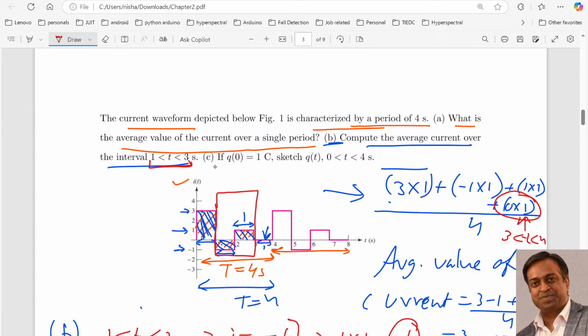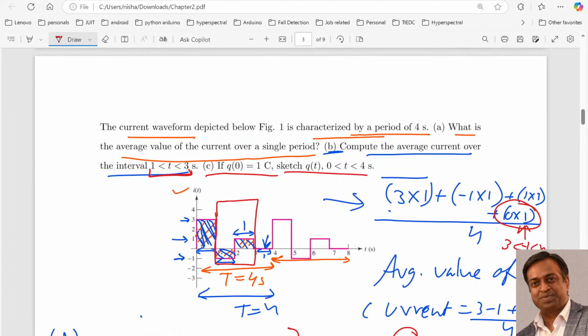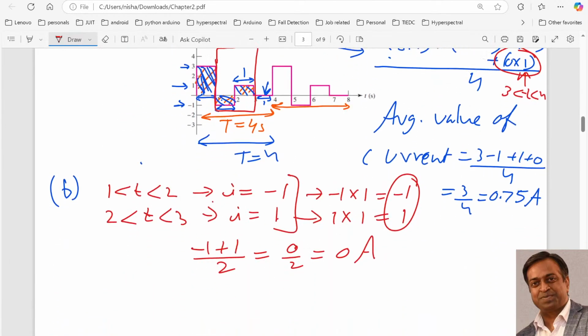Now coming to the third part, it says that if Q0 equals 1 coulomb, then we need to sketch Q(t). How can we sketch Q(t)? For this graph, let me erase this.